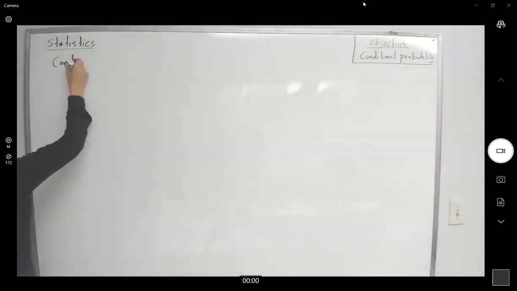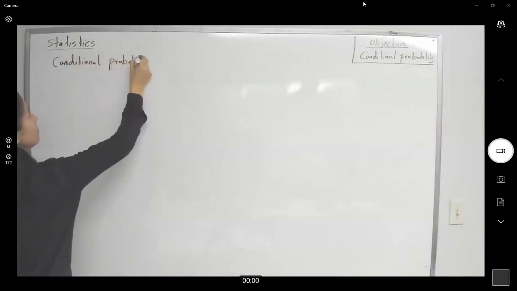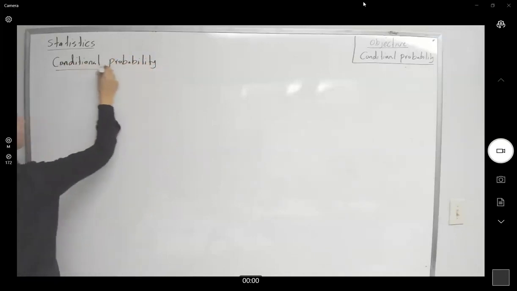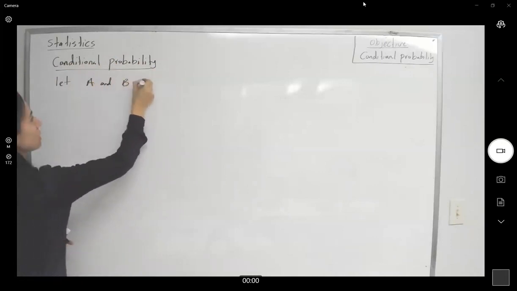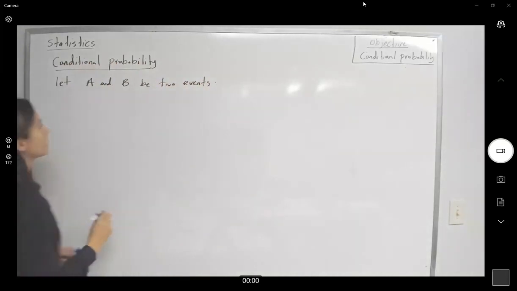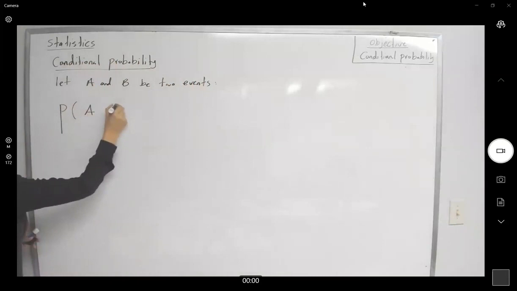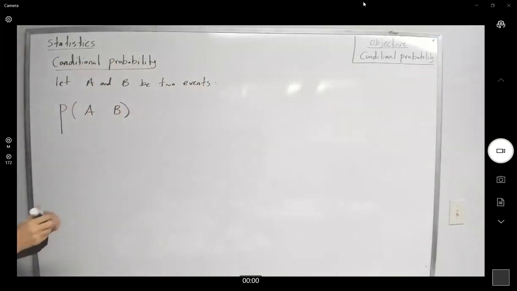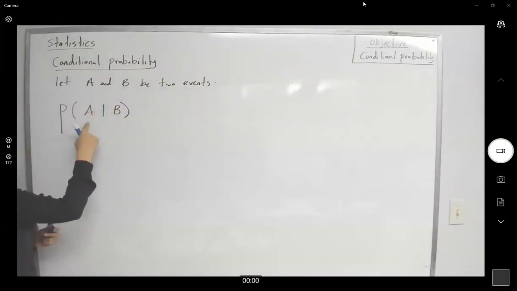Conditional probability. Let A and B be two events. The probability of A given B, note that I'm using a vertical line segment here, you read this vertical line as "given."